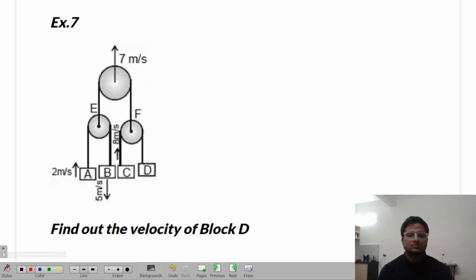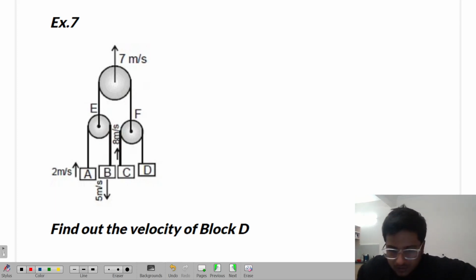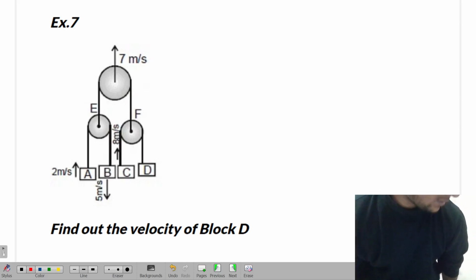Yeah, that is C is going with 8 meter per second upwards. Just give me 1 minute.